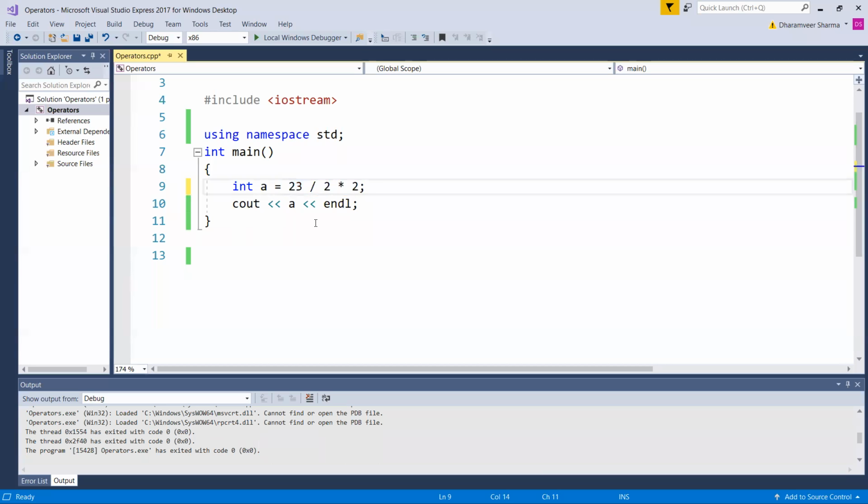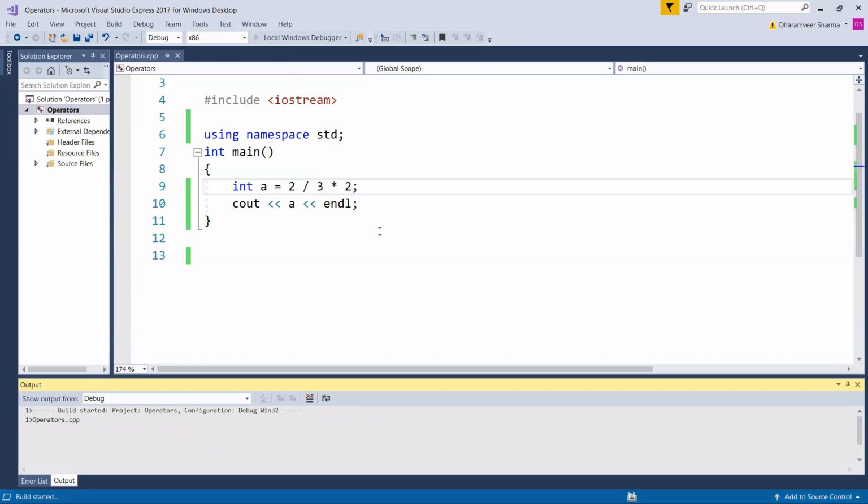Okay, if I write 2 by 3 into 2, what's the answer then? These are very basic things. Zero, sir. Very good, because 2 divided by 3 will be 0. It will not be 0.66 or something. It will be 0. So multiplied by 2, the final result will be 0 only.